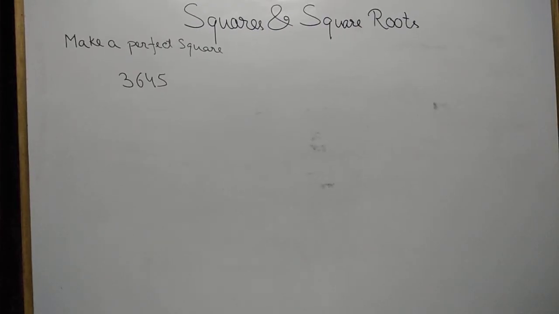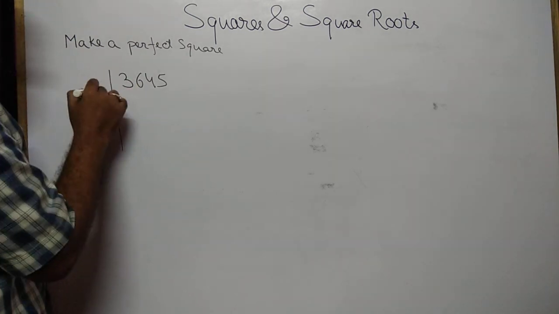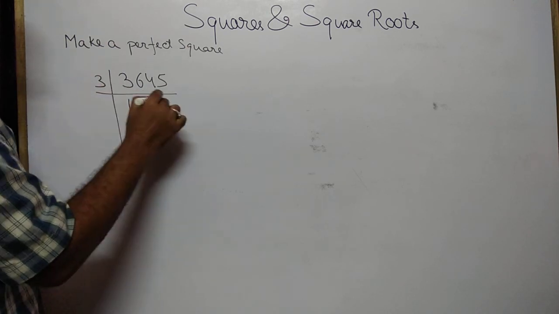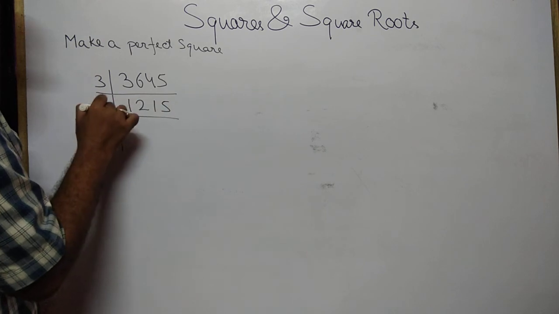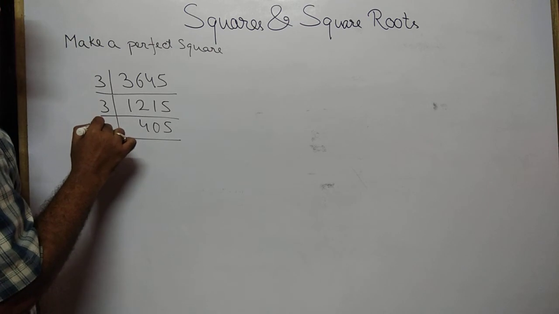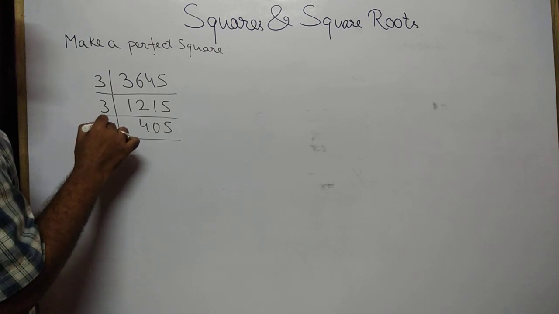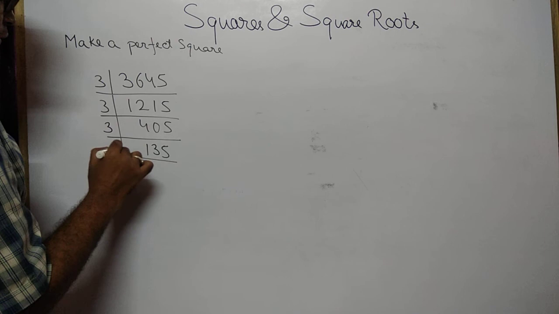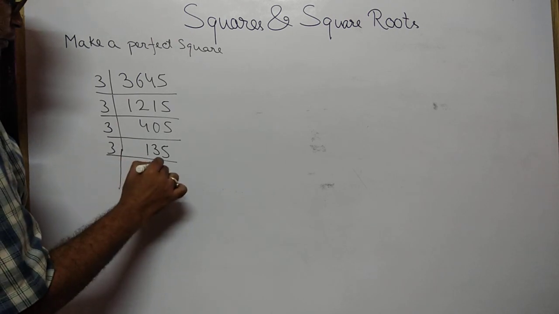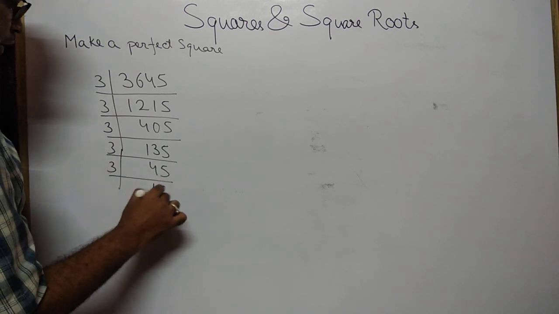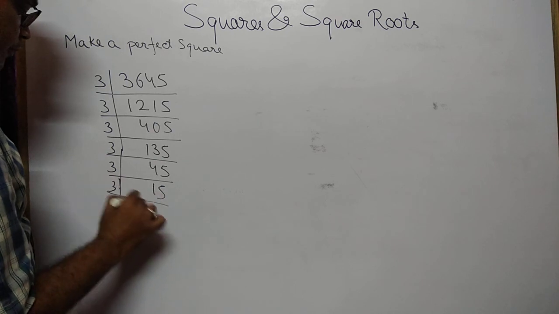So I am picking this question, 3645. We'll try to find the prime factors. 3 1 is 3, 3 2 is 6... 3 3 1 are 3, 3 3s are 9, 3 5s are 15.